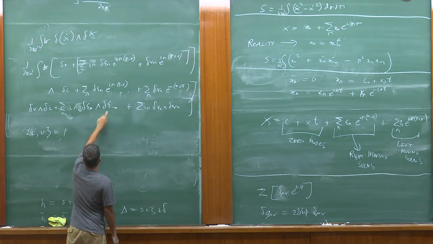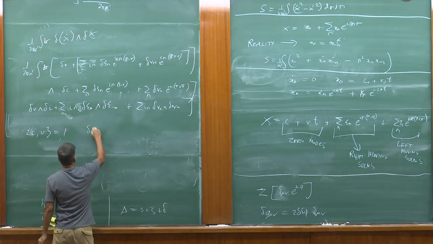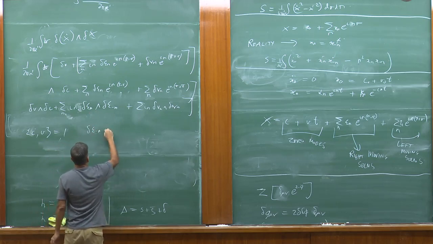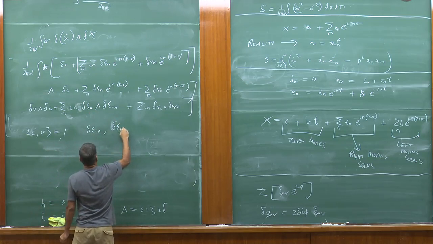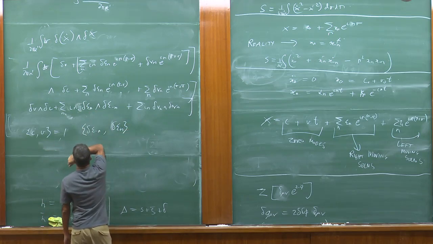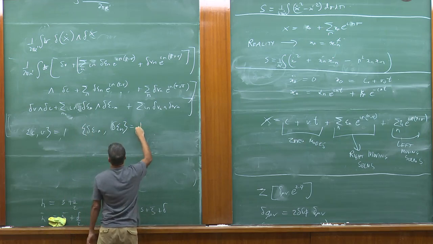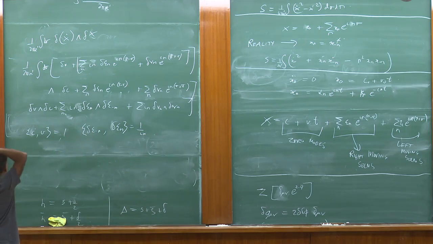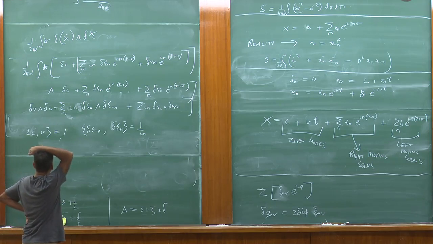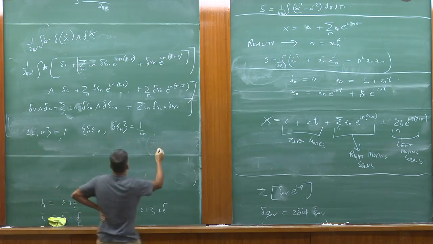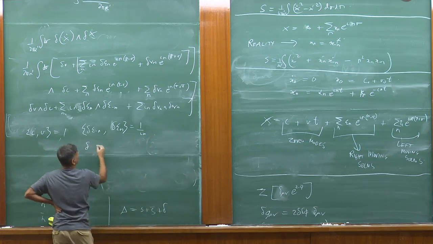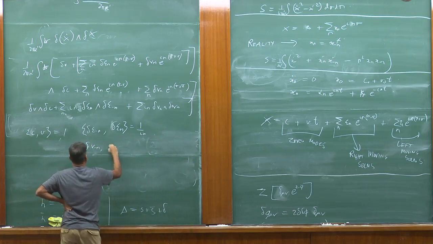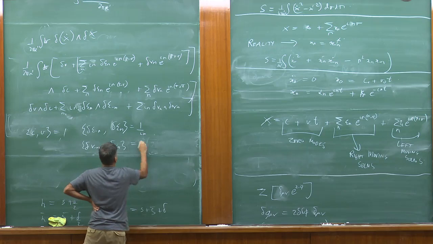Delta zeta minus n, Poisson bracket with delta zeta n, is equal to 1 by in, because we had to invert. Similarly, delta nu minus n with delta nu n is equal to 1 by in.